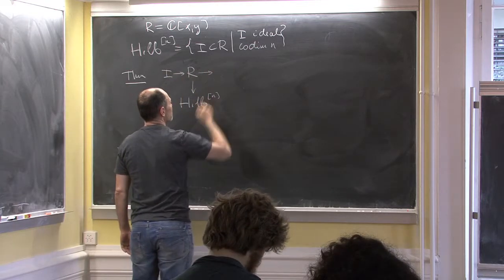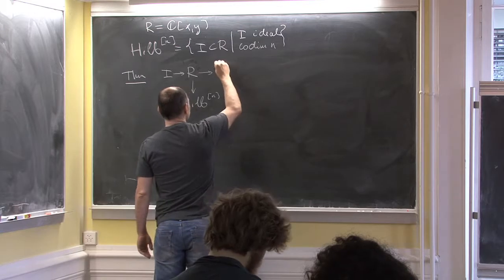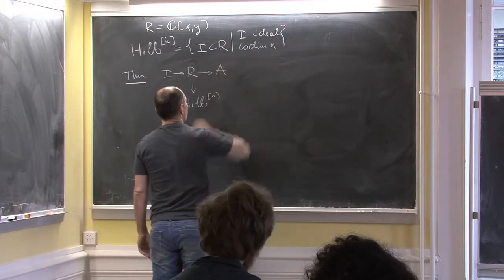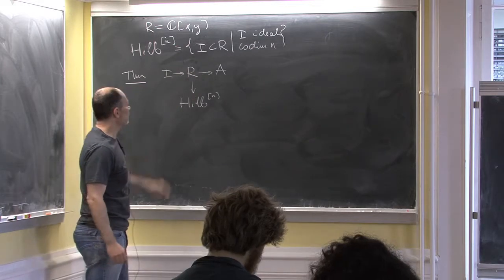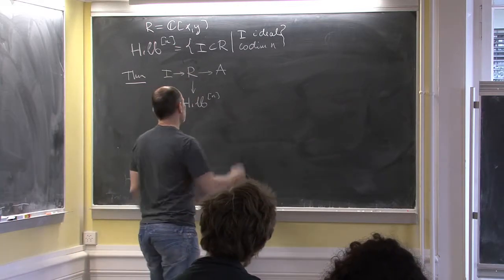So you have the same tautological sequence, and here I'll just put A for algebra. So this is now a sequence of R modules.